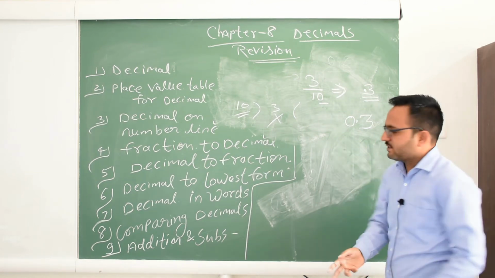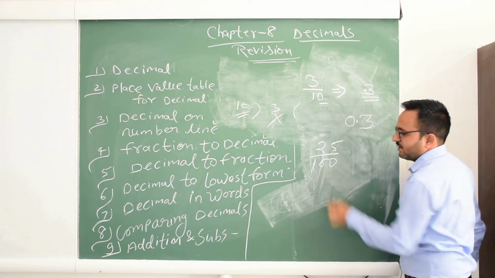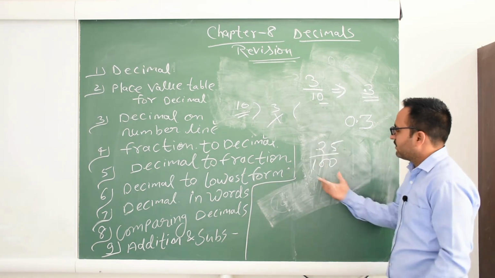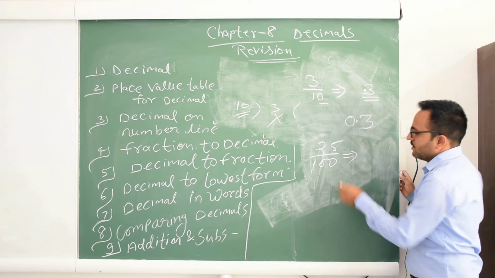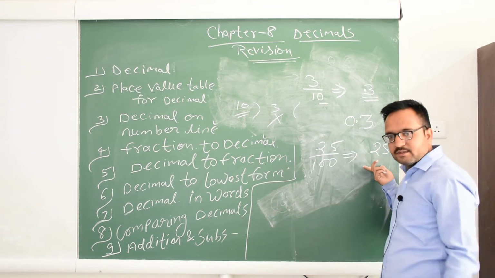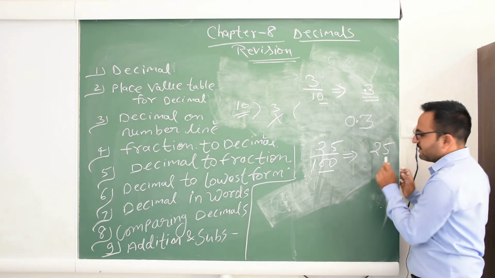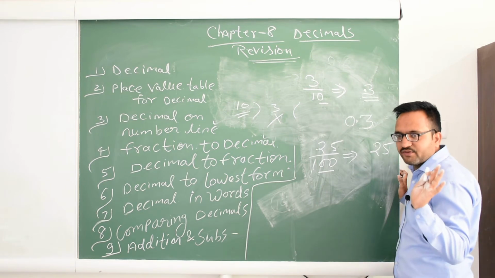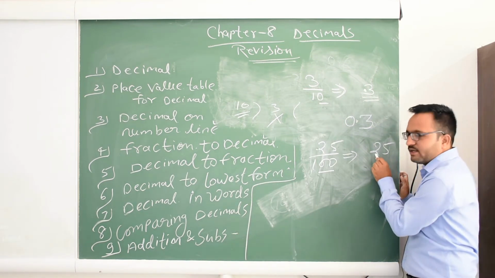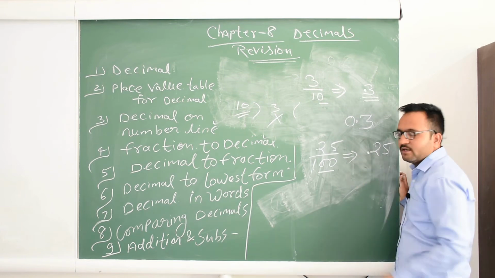Again we take another example, 25 upon 100. How do we convert it to a decimal? We write 25 as it is. How many zeros? 2 zeros. So after 2 digits we put the decimal point, first digit, second digit, and we put 0 before it.